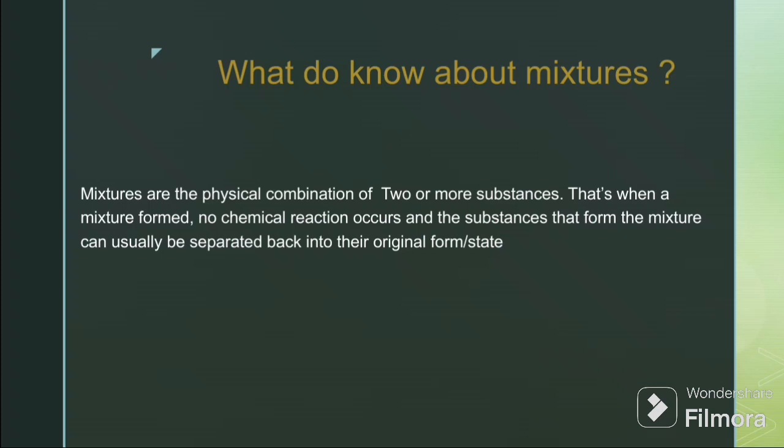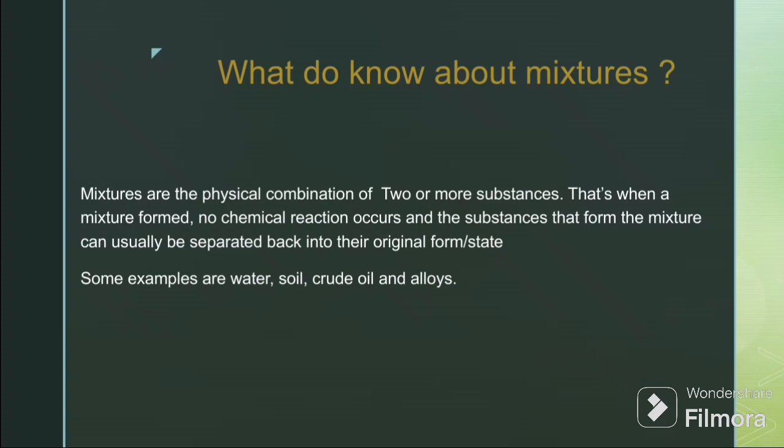Okay, so let's look at some examples of mixtures. We can have water and oil, soil, crude oil, and alloys. We all know alloys. Alloys can be a mixture of metals. And crude oil can contain petrol, kerosene, petroleum gas.